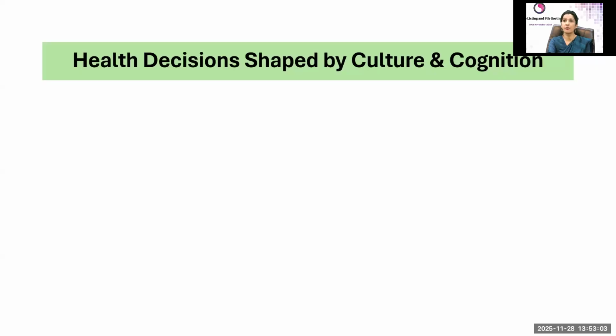Avoiding healthcare seeking for chicken pox, taking jhara for fever. True. And it is not that only illiterate people go for this. Even if you see many affluent societies, people of so-called high class society, their health decisions are also shaped by culture and cognition.